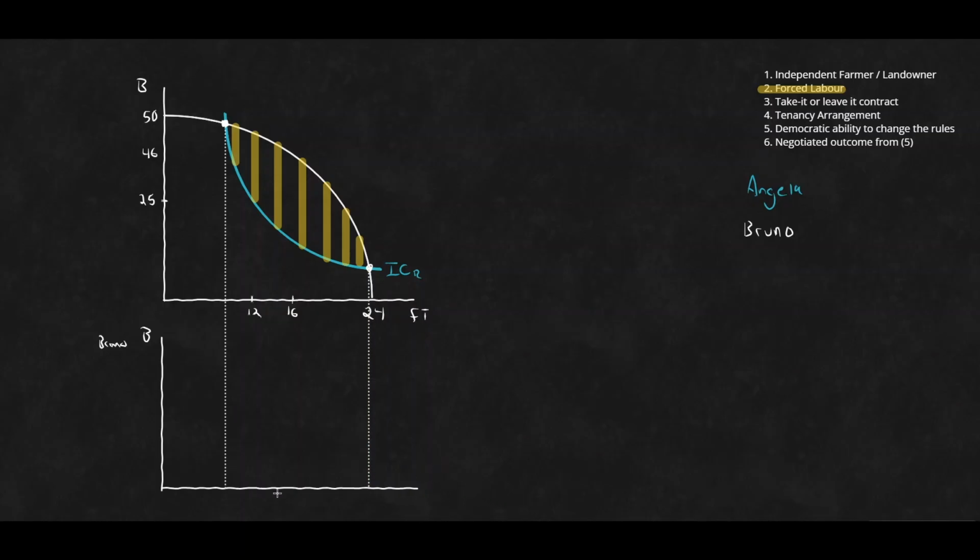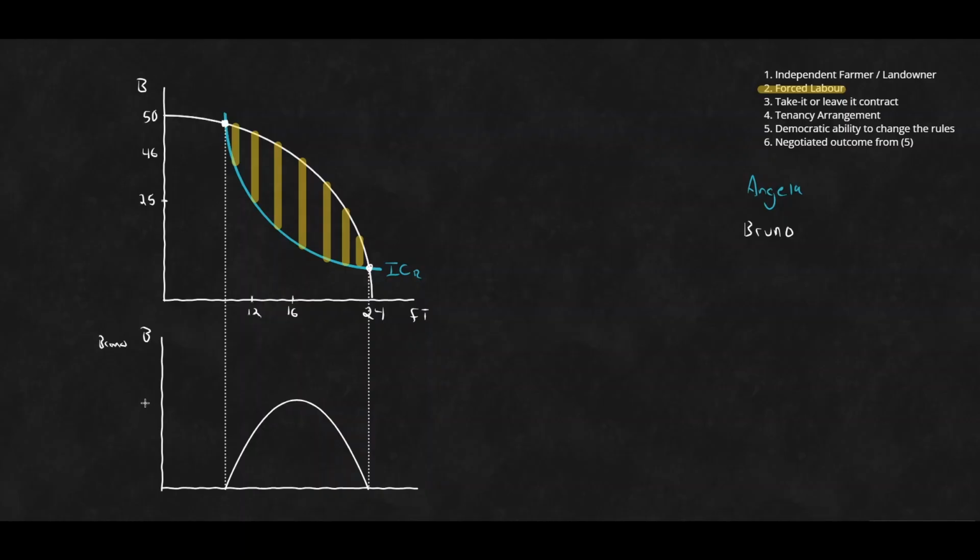As we increase our hours of free time, give her more and more free time, she's willing to give up bushels of wheat. And so Bruno's reward increases, hits a maximum, and then decreases. We get a shape that looks something like this, such that initially Bruno's reward is increasing.